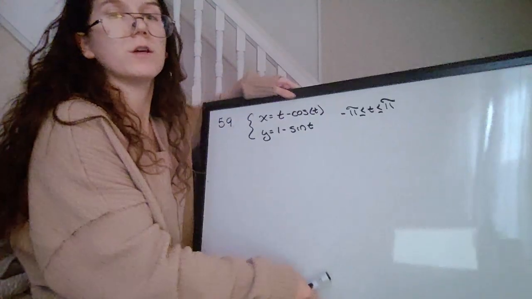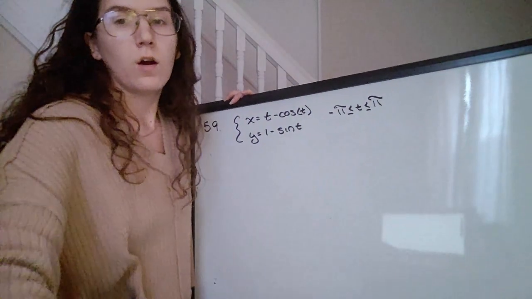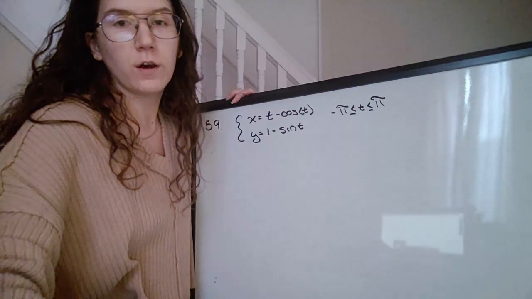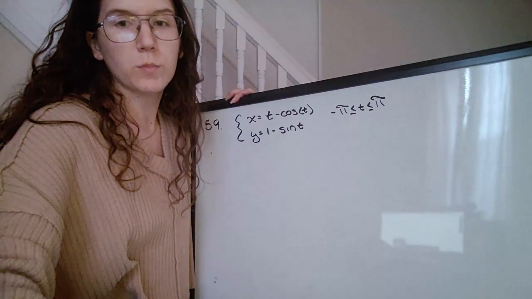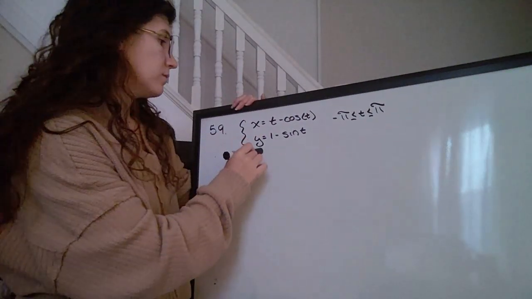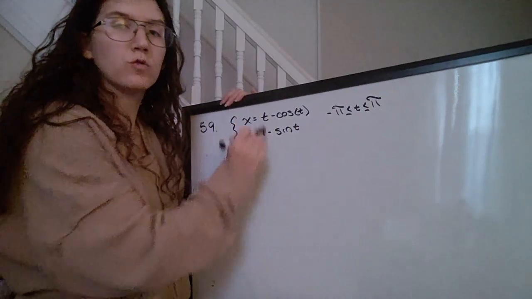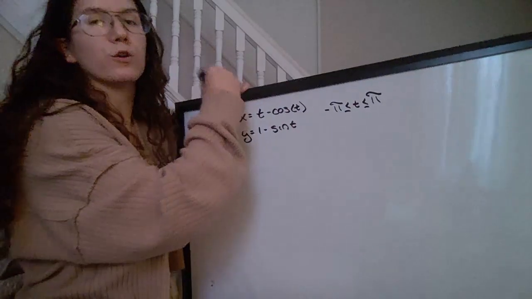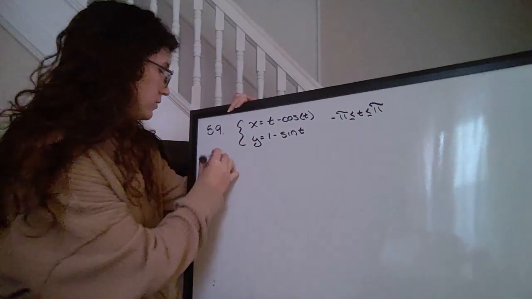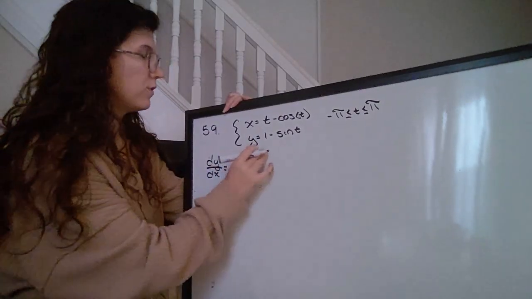This is going to be very similar to the one that we just did. So find the equation of the tangent line. All I need to do is find my derivative of y with respect to x. So I'm going to find the derivative of y with respect to t, find the derivative of x with respect to t, and put the derivative of y with respect to t over the derivative of x with respect to t. So this is going to be my derivative of this.